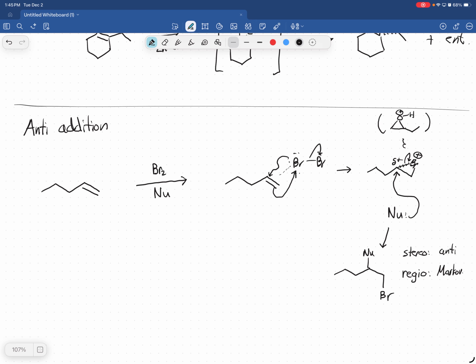So when we have this intermediate, it's always going to open on the more substituted side, Markovnikov type selectivity. And the reason why it doesn't work in base is because I think the base would react with bromine. That's why we don't use base. The nucleophile has to be weak enough so it doesn't react with bromine. So this is called halogenation. That's our first one for anti-addition, halogenation.